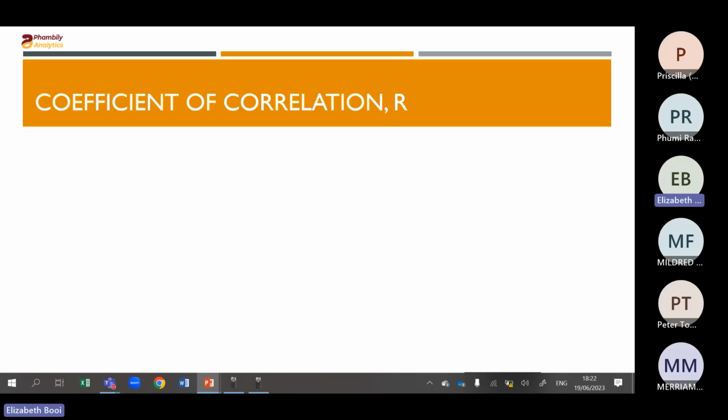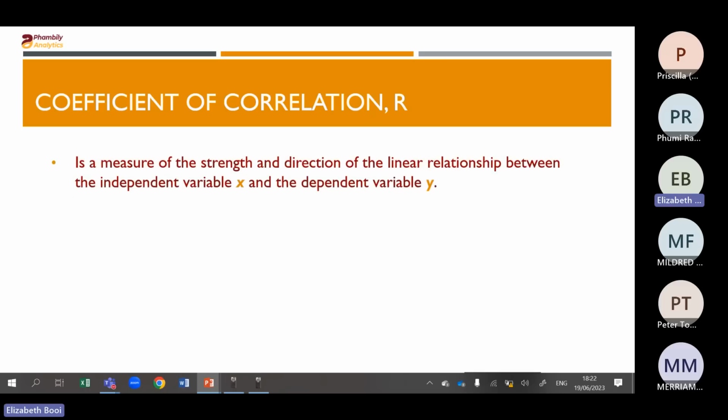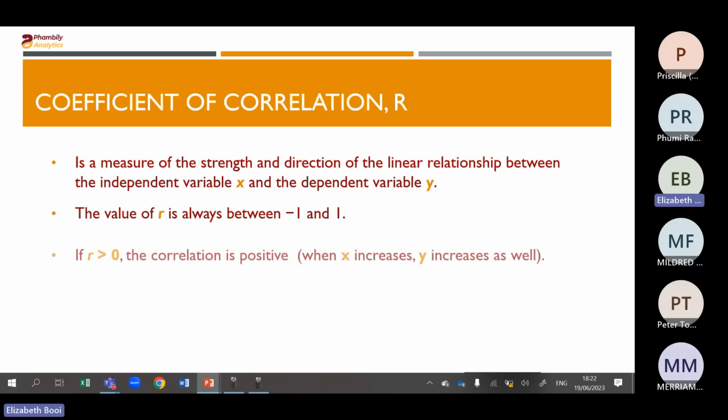In order for us to find the strength, we need to calculate what we call the coefficient of correlation, which is always denoted by the letter R. This tells you the strength and the direction of the relationship that exists between the two values. And it is always between -1 and 1. So it can never be 2 or 3 or 4 or -2 or -5. It's always between -1 and 1.